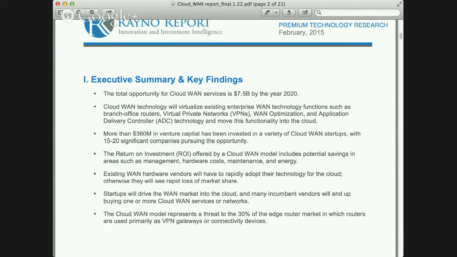Or you needed some WAN optimization, so you looked at the different technologies that were available. They tended to be boxes, so you would buy yet another box, and you would have a WAN optimization box. You can kind of see how this was a messy process. Buy a box for each service, and the cloud WAN is going to change that because picture it as just going to a web portal and saying I want a VPN, click, and it installs software on your network. It's going to be as easy as that.